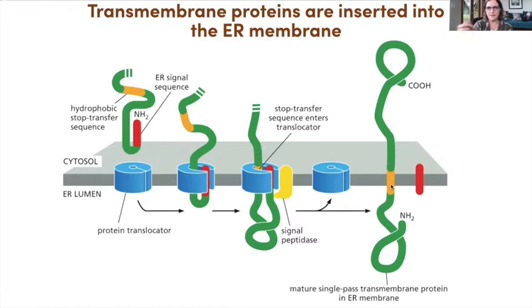This just shows a single pass transmembrane protein, but a more complex, stepwise process occurs to thread multi-pass transmembrane proteins so that they wind up with their transmembrane segments embedded in this membrane. And then if they're actually supposed to be somewhere else, like at the plasma membrane, they will get trafficked out of the endoplasmic reticulum to the Golgi and then to the cell surface in vesicles, as I will show you.